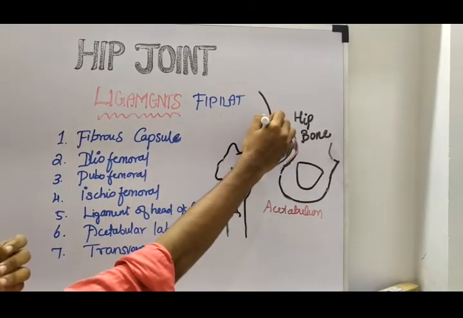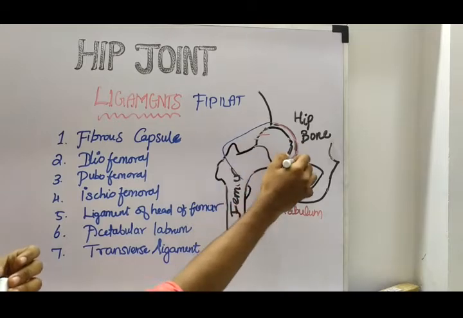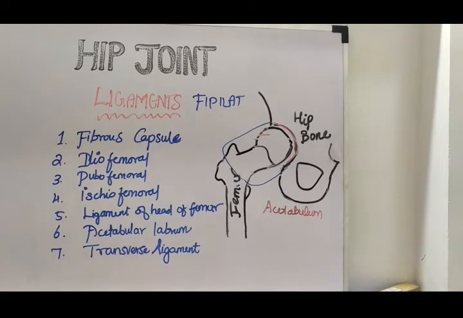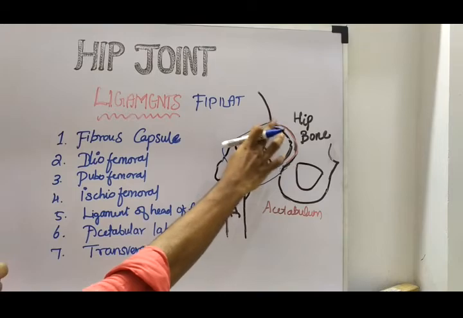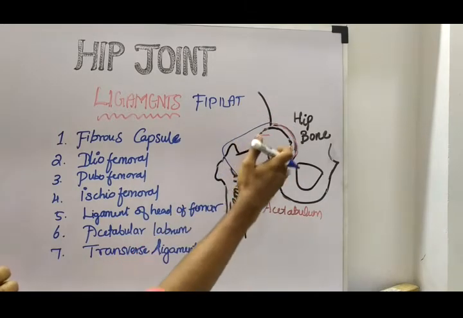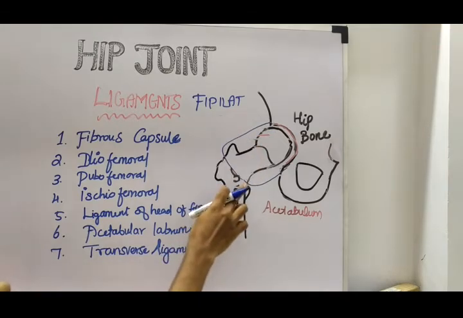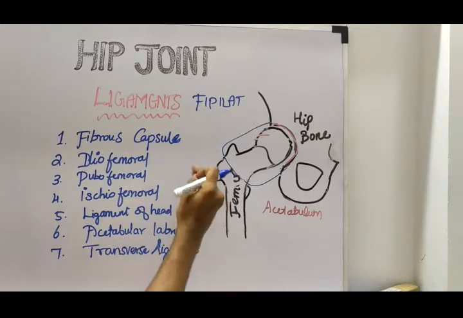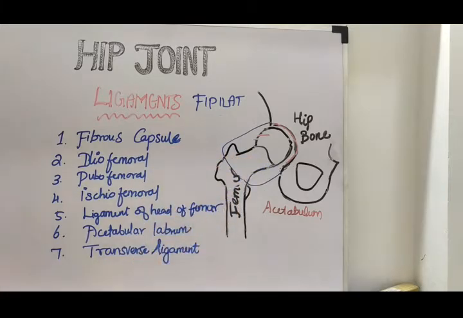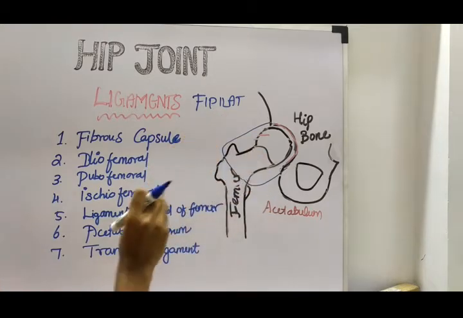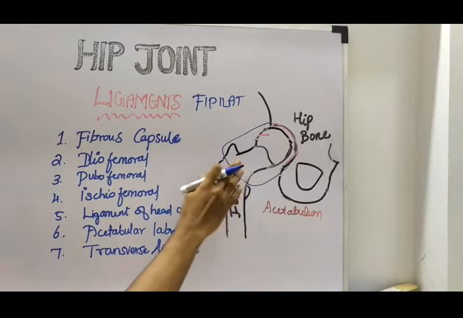So the capsule will be covering the joint entirely. It attaches from the acetabular labrum and the crest of the acetabulum, and here in the neck at the intertrochanteric line, and at the back it will be 1 centimeter medial to the intertrochanteric line.